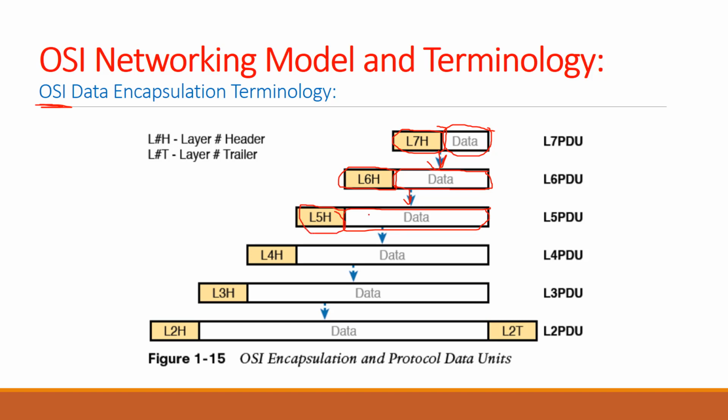Each layer adds its own header, and so on. So this one is called a layer 7 protocol data unit, and this data is called a layer 6 protocol data unit, data plus layer 6 header, and so on, till the data link layer with the layer 2 trailer and layer 2 header is called a layer 2 protocol data unit.